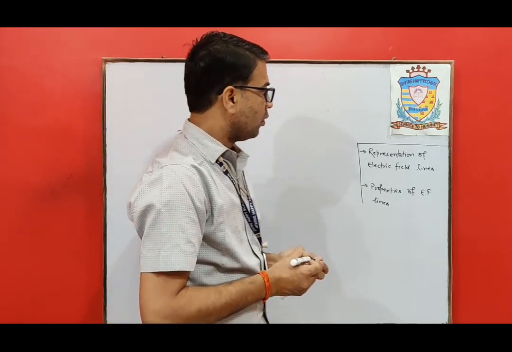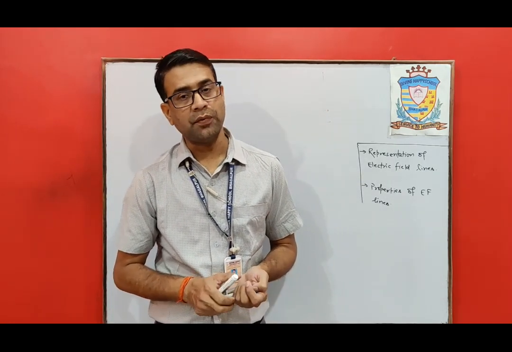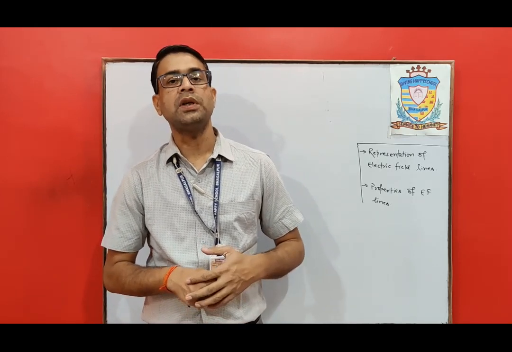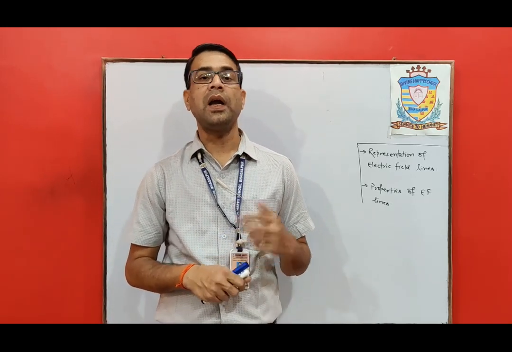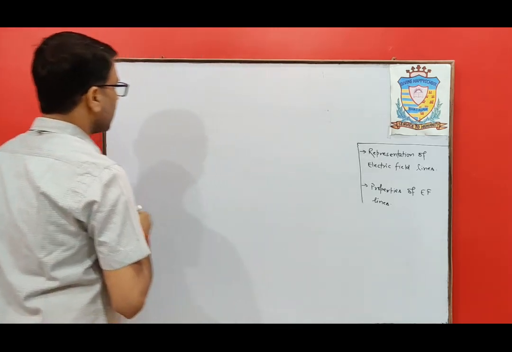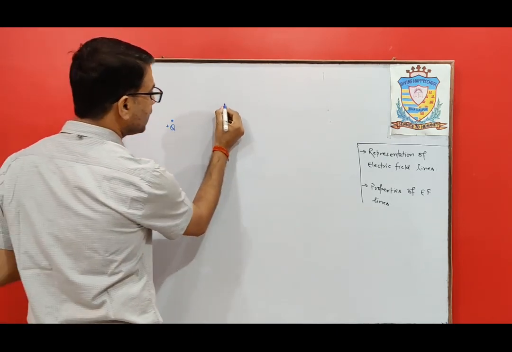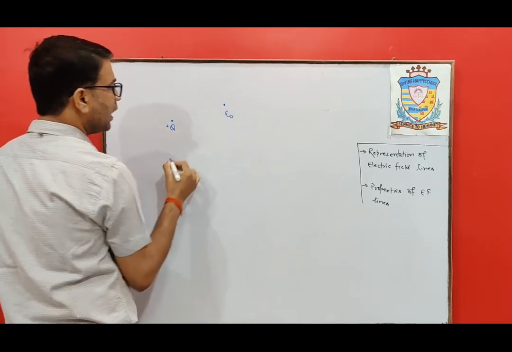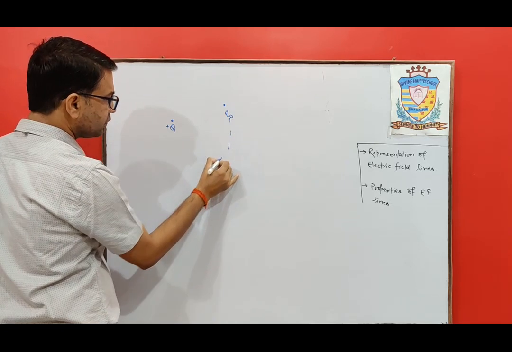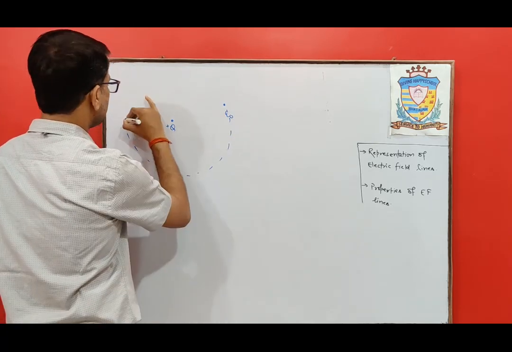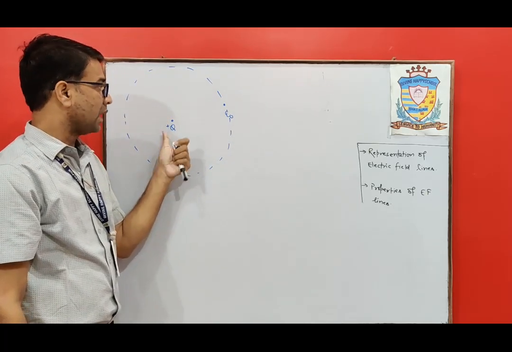So before that, what is electric field lines? As we have explained earlier, electric field is a region or a space around which a test charge can experience some electrostatic force exerted by another charge. That means if we place a test charge over here, suppose it is plus Q, and another charge is placed over here, this is the region up to which this charge can exert the force.